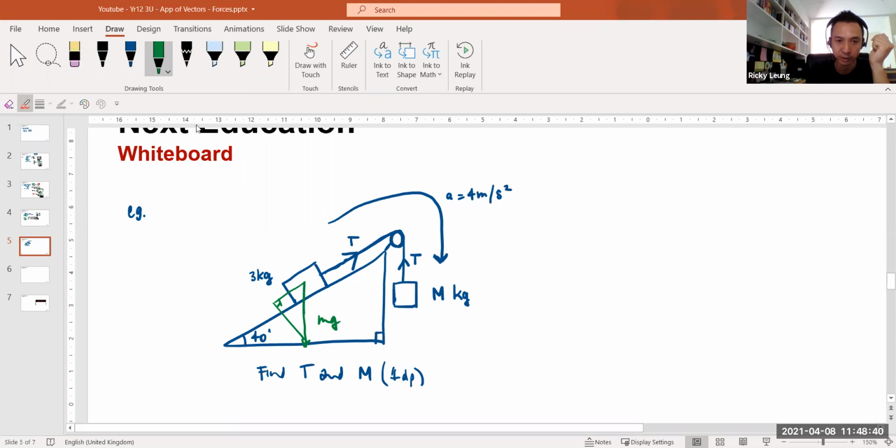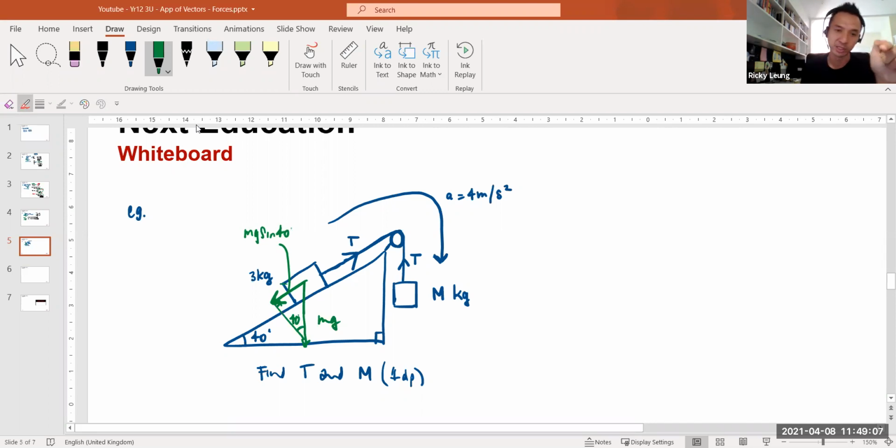I know this angle is 40 degrees, and using my alternate angles, there's 40, that's 50, and that's 40 again. So I know it's going to be this angle down here. The more times you do it, the more you remember. So this force down here is the one that I want, and that is mg sine 40.